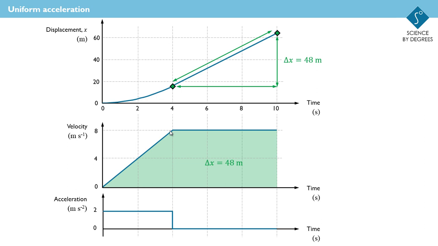So let's summarize. Starting with displacement, the rate of change of displacement gives you velocity, and you can find that from the gradient of the displacement time graph. Also, if you're measuring displacement in meters, that means that the velocity will be measured in meters per second. You can get back to a change in displacement from a velocity time graph by calculating the area under the velocity time curve.